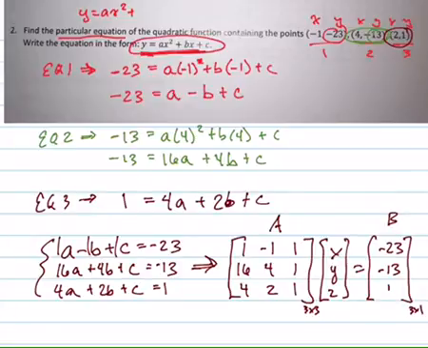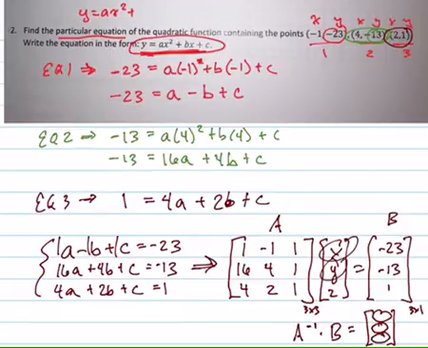So you punch in your A and your B, then you clear out of the matrix window, go into the regular window, and go back and get the matrix A. You type in A inverse times B, equals, and it'll give you a 3 by 1 matrix, and that's your x value, your y value, and your z value.